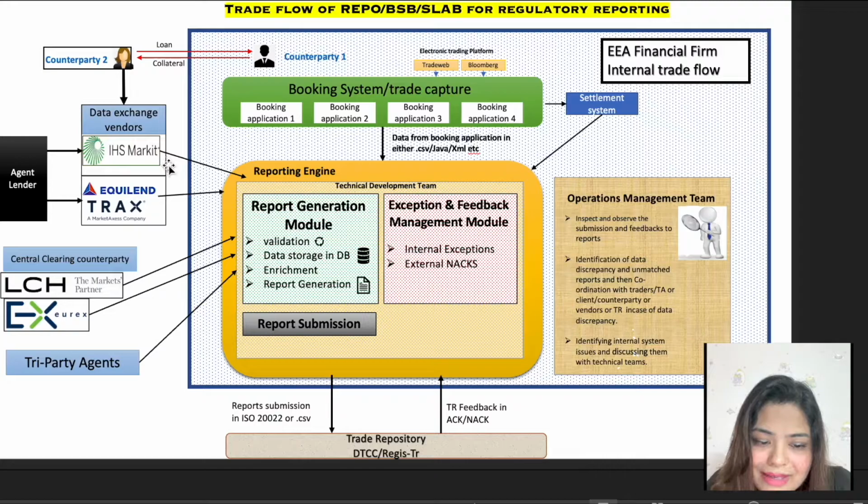Take example data like UTI. It is very important that both counterparties of the trade report exactly the same data to the trade repository. If there is any mismatch in the reported data from both counterparties, then the regulator does not accept such reports under SFTR. And if you want to know more about how these vendor platforms work, you can click on the top right corner and watch my video on it.